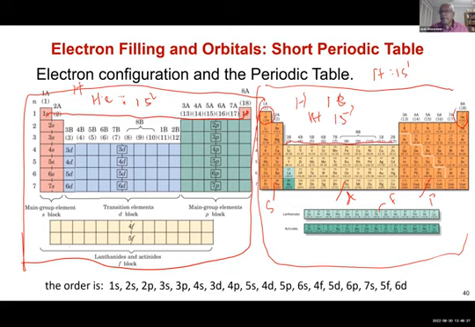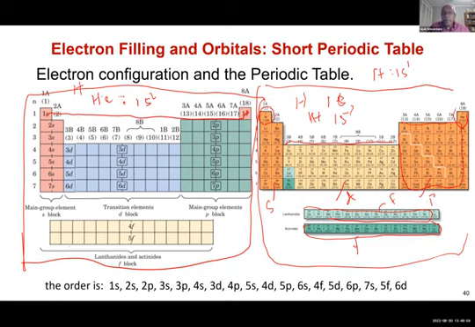These 6 groups here are P shapes. Now the bottom part, these lanthanides and actinides, when an electron goes into them, acquire F shape.